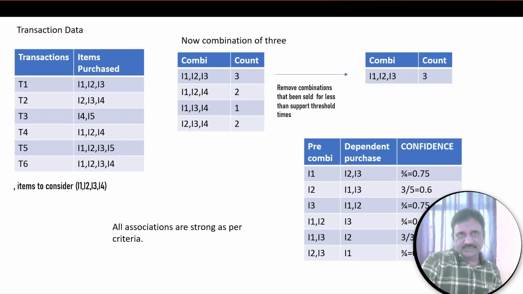It is in T1, not in T2, in T5 and in T6. So 3 times I1 is there in the transactions wherein there is I2 and I3. So the confidence of purchasing I1 after purchasing I2, I3 is 3 by 4, 75%, right? So I hope you have understood confidence, okay?